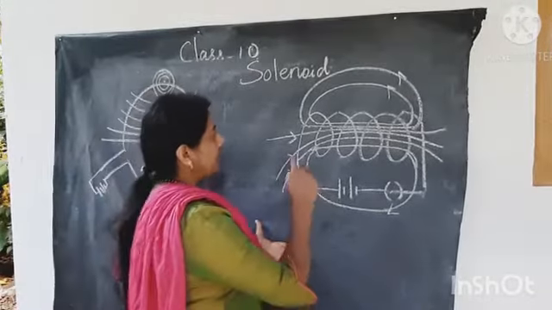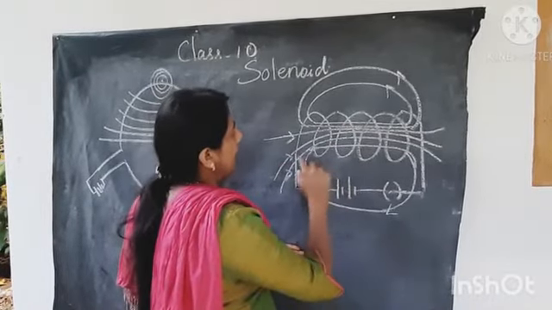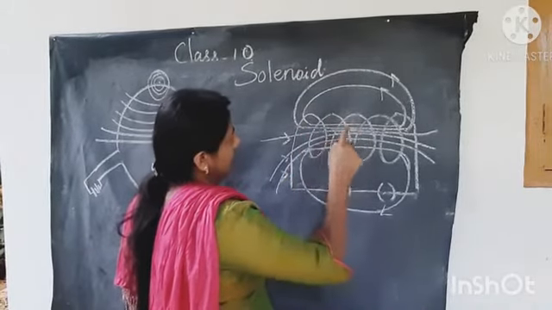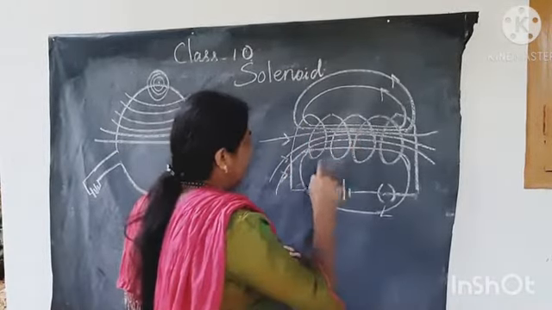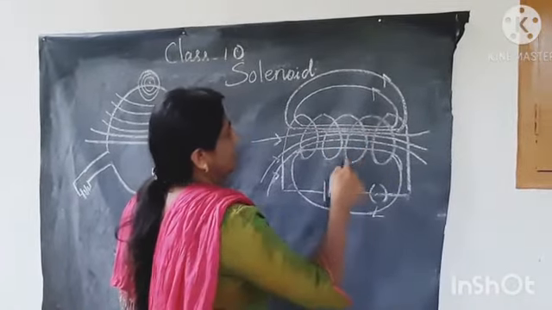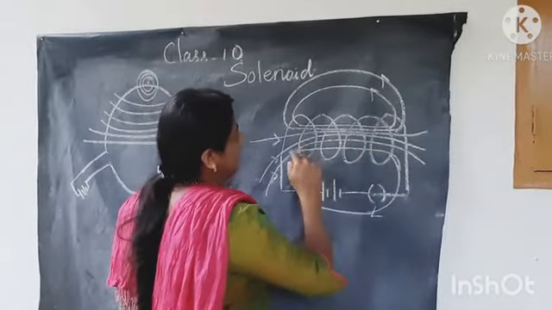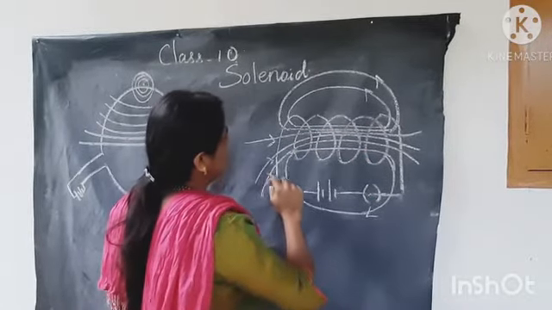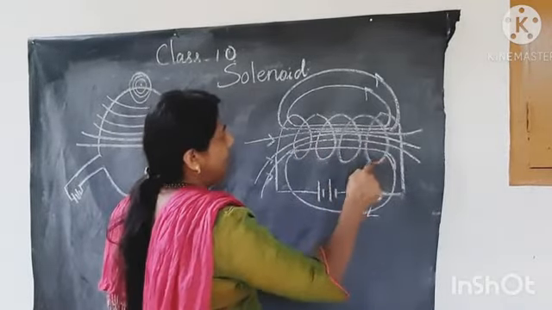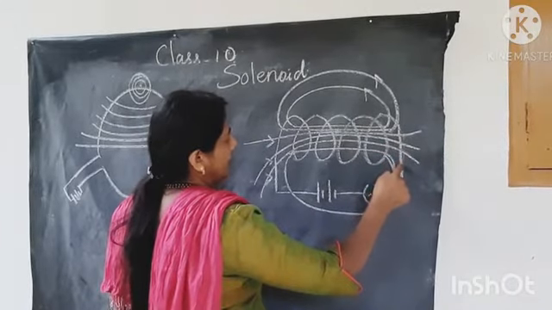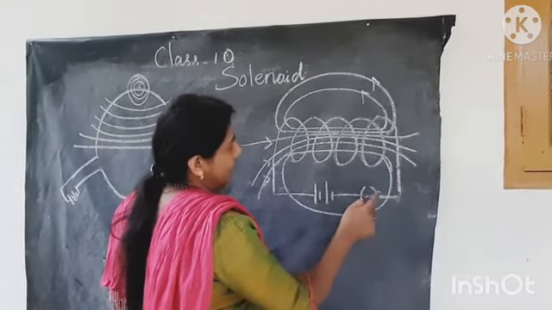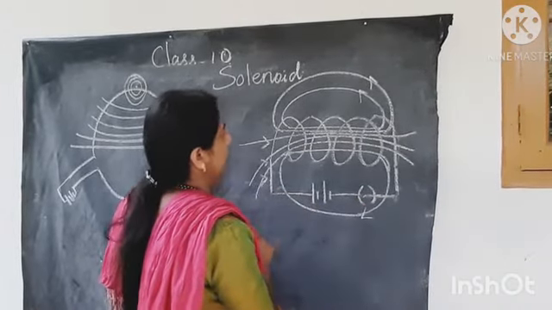A solenoid is a coil of many turns of insulated copper wire wound up in the form of a cylindrical shape. It is called a solenoid. Both ends of the solenoid wire are connected to the battery and key.